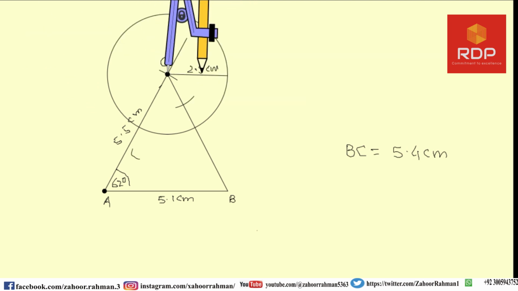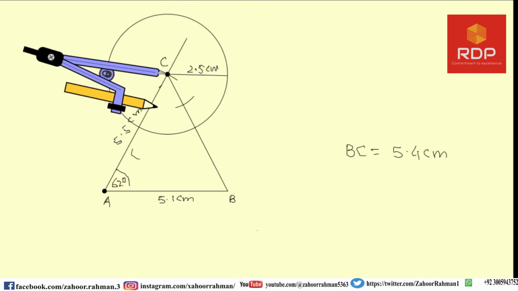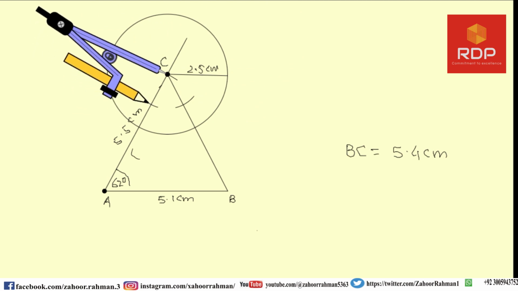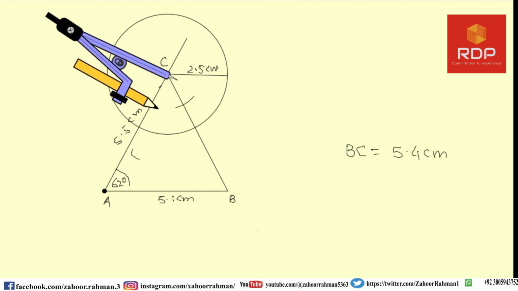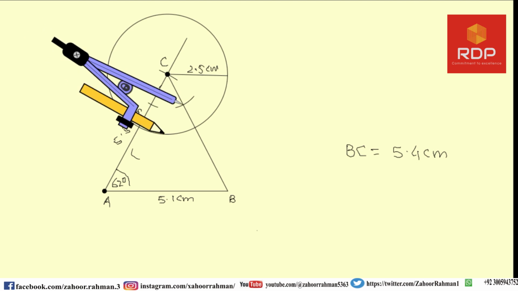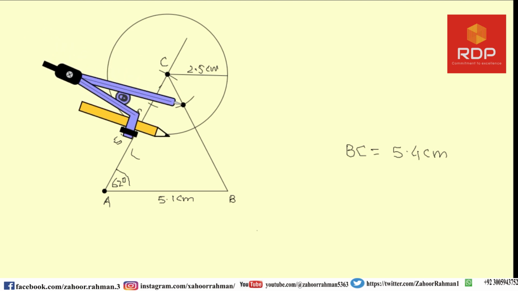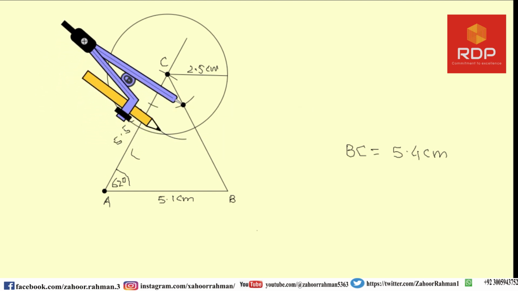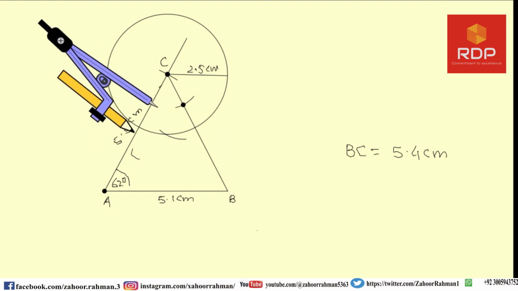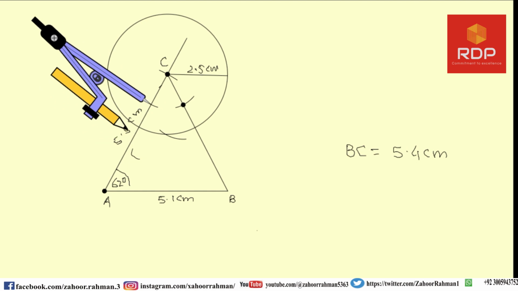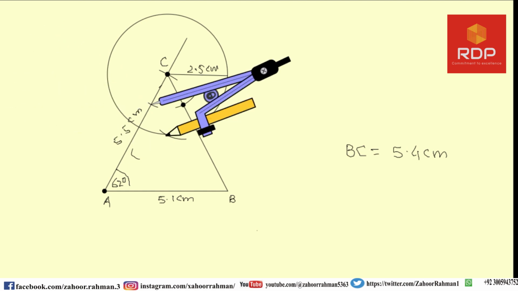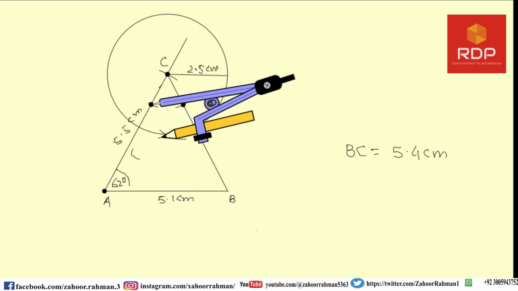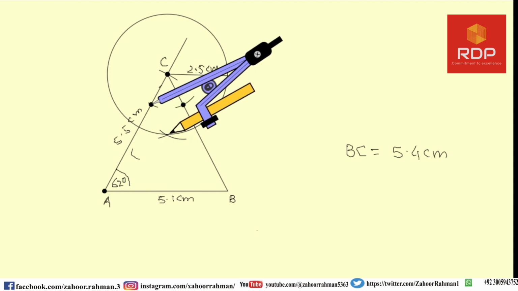And then I have to bring this pencil to this location and draw. The next turn is to bring it here and draw an arc. Next we have to put the tip of this arm here, and I will draw an arc here.